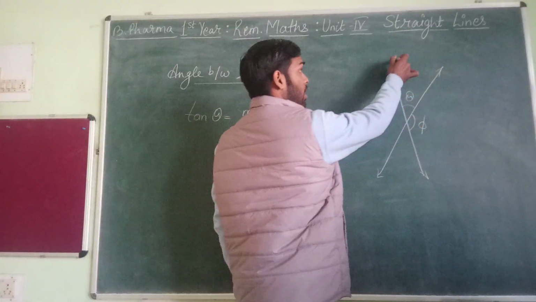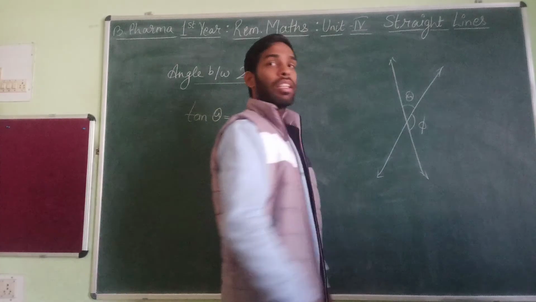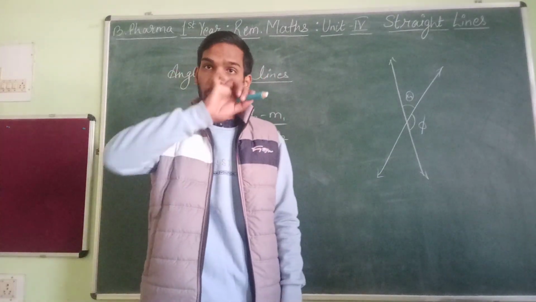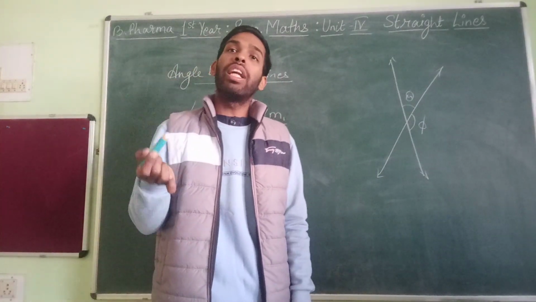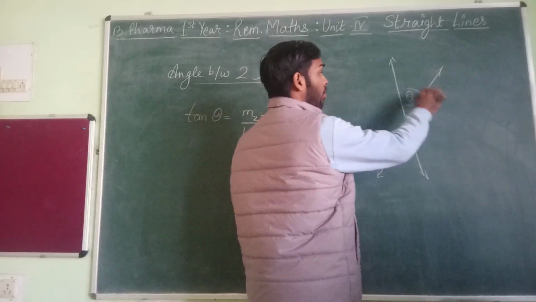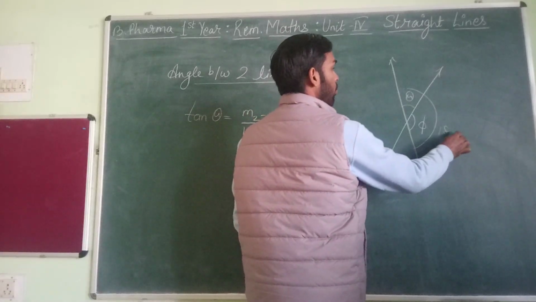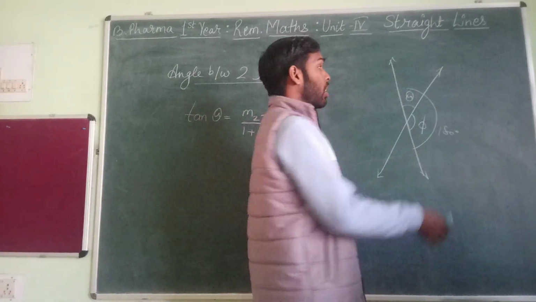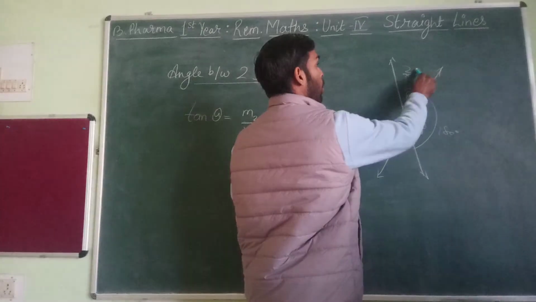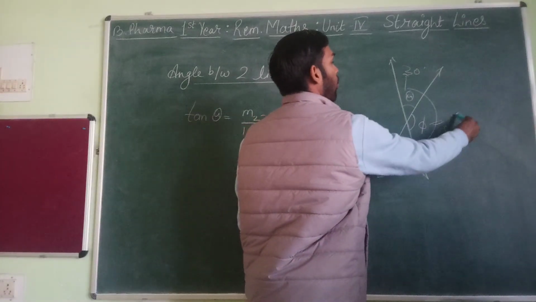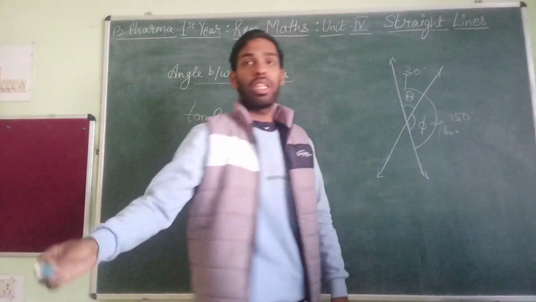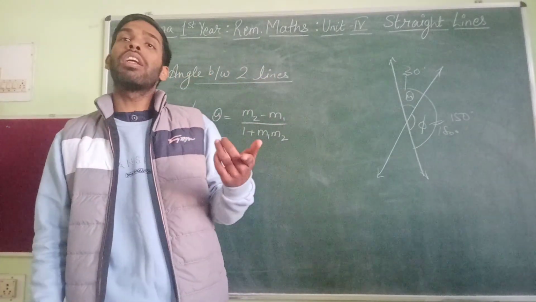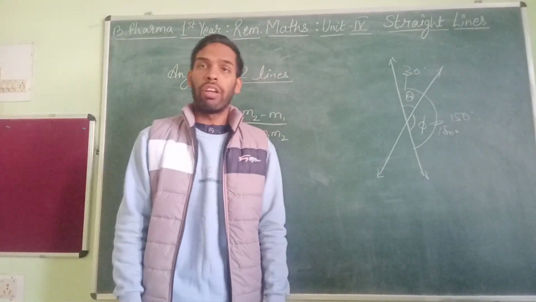Sir see, this is a straight line. स्ट्रेट लाइन के ऊपर टोटल कंप्लीट एंगल कितना होता है? 180 डिग्री. तो अगर ये कंप्लीट एंगल 180 डिग्री है, and let us say in our question theta comes 30 degree, तो ये कितना हो जाएगा? रिमेनिंग 150 डिग्री. 180 degree minus 30 degree will be equal to 150 degree.